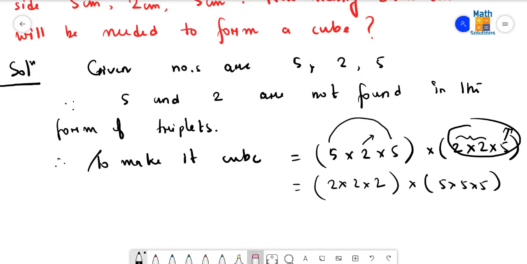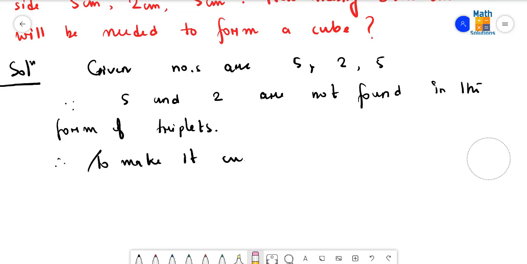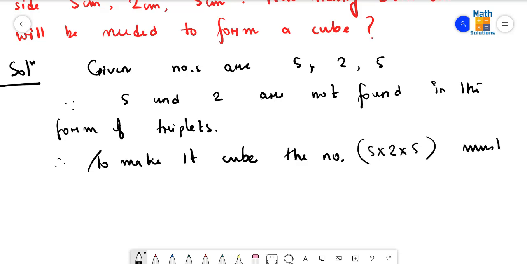So we shall write here, to make it cube, the number 5 into 2 into 5 must be multiplied by 2 into 2 into 5, that is equal to 20.